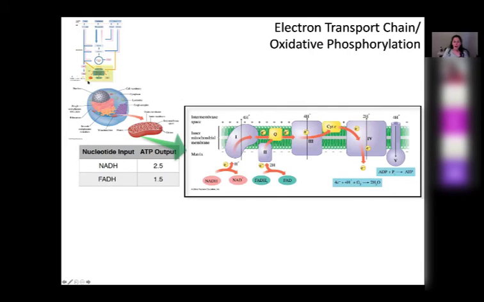Okay, so now in the catabolism of glucose and the catabolism of lipids, we've made a lot of these reduced dinucleotides. Those reduced dinucleotides then can be used as energy if they are oxidatively phosphorylated in the electron transport chain. So this is the sequence of proteins.